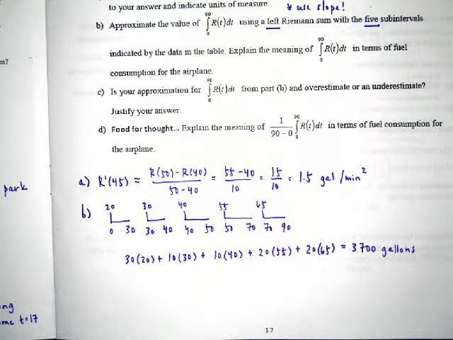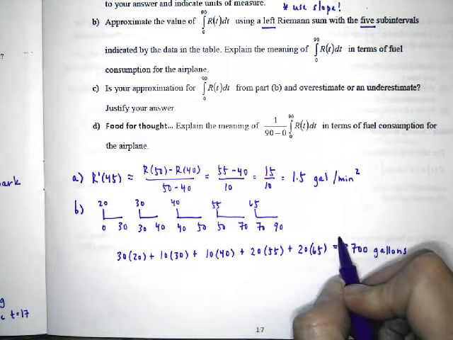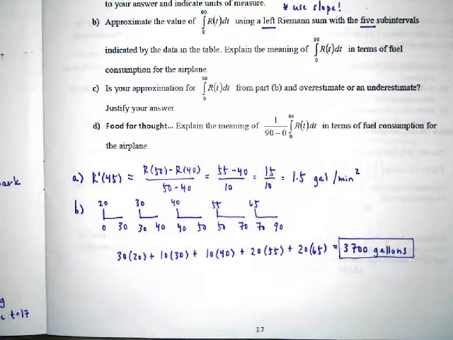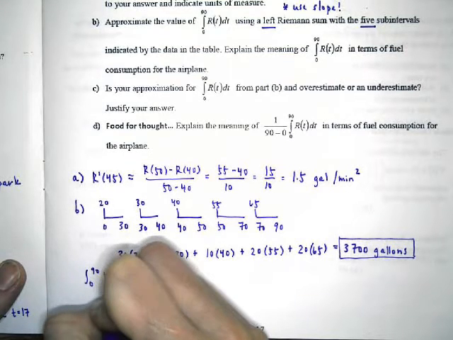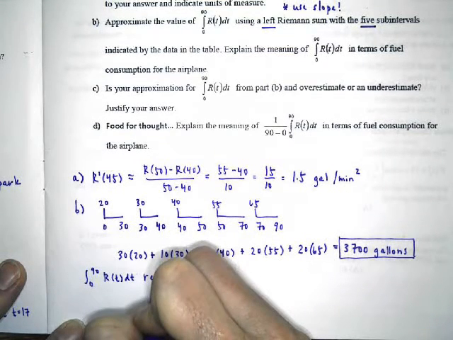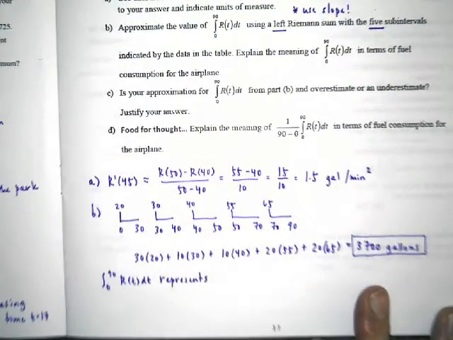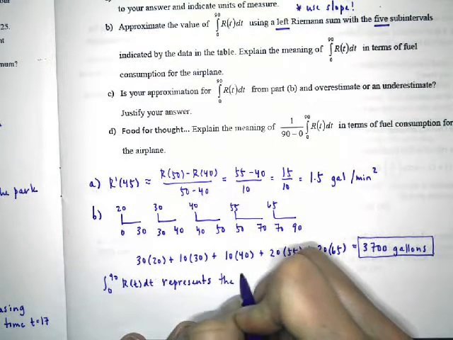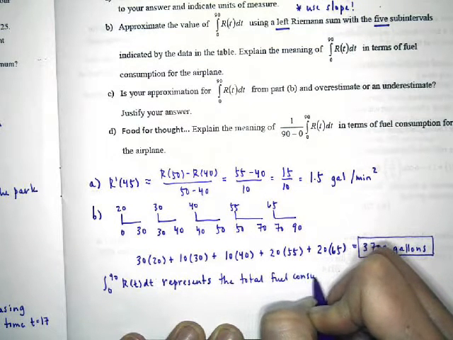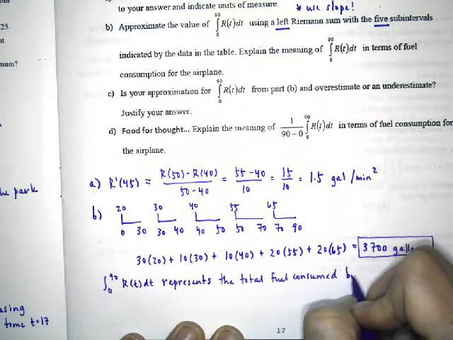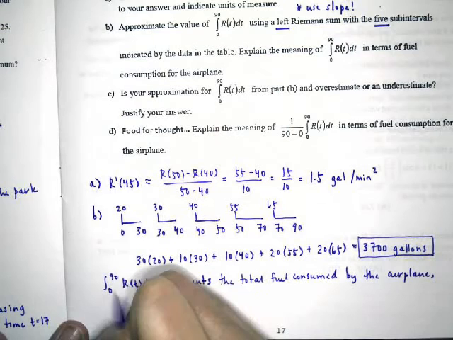Okay, now it asks me to explain the meaning of that integral in terms of fuel consumption for the airplane. So we would say the integral from 0 to 90 of r of t dt represents, let's see, this was rate of fuel consumption, so the total fuel consumed by the airplane measured in gallons.